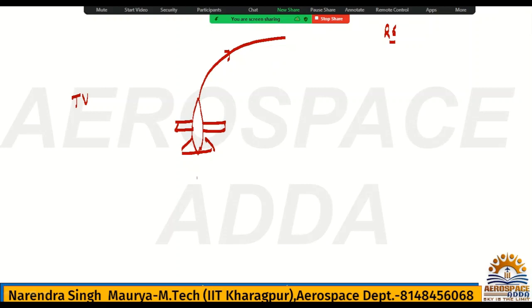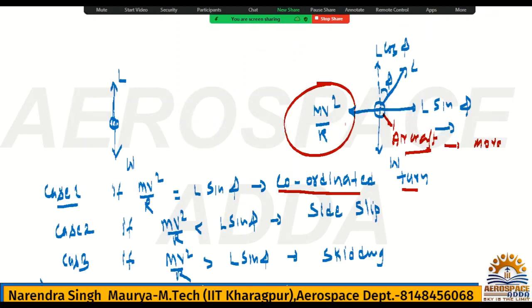In this top view, one condition I will show you. This is basically point O, which is nothing but the origin, and the turning is about the center. I told you that the center is this side, and mv square by r is away from the center.